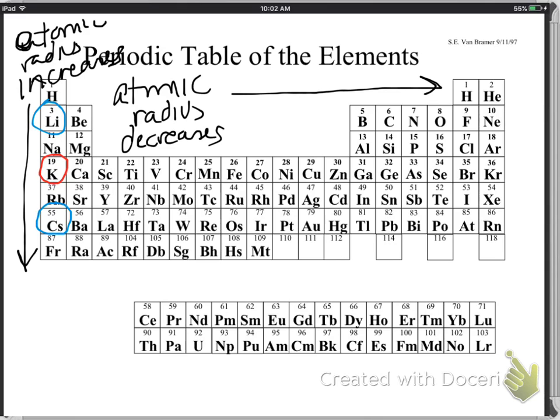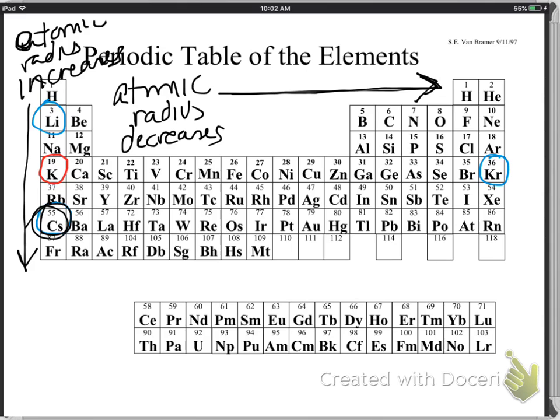Lithium, would that be larger or smaller? Smaller. What about krypton? Smaller. So the only one that qualifies is the cesium. It's the only one that would have a larger radius than potassium. Okay, 7. As you go from group 1 to group 18, atomic radius tends to decrease. And that's what we just said there.